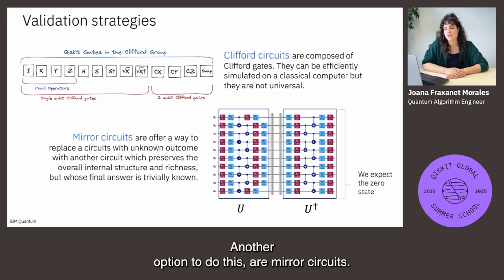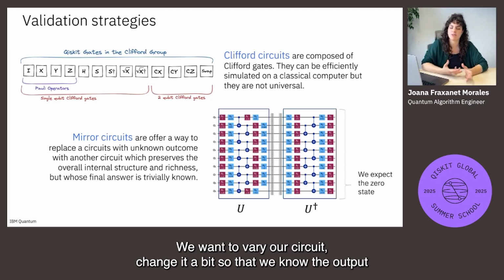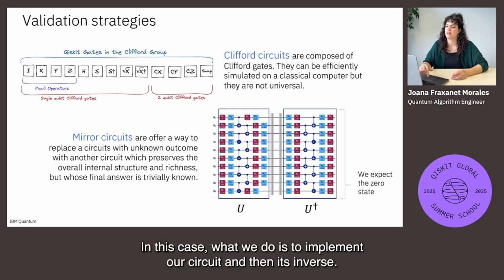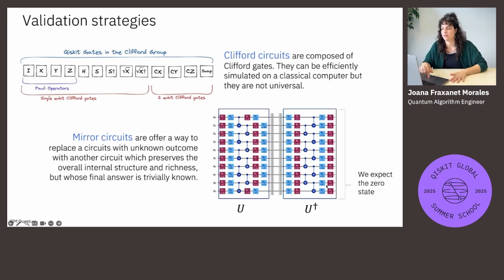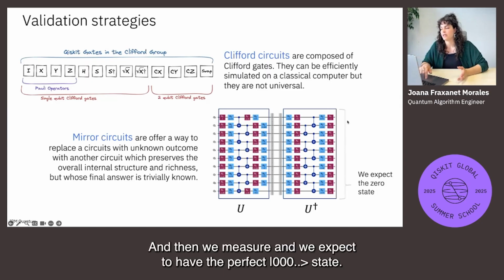Another option to do this is mirror circuits. This is a similar idea. We want to vary our circuit, change it a bit so that we know the output and we can compare it and see if it's giving us what we would expect. In this case, we implement our circuit and then its inverse. So if we start with a 000 state, we end up with the 000 state, and then we measure and expect to have the perfect 000 state.